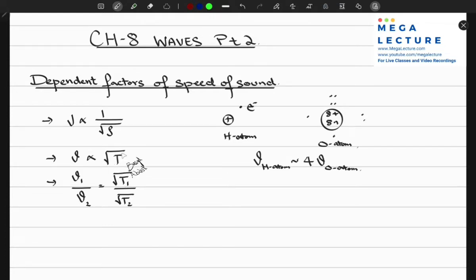Think in terms of what is happening when the temperature increases. We know that for molecules, their kinetic energy is something like 3 by 2 kT, where T is the temperature and k is the Boltzmann constant. And so the speed of the molecules or atoms depends on the temperature directly. If I increase the temperature, the atoms start moving very rapidly, jiggling around much faster.